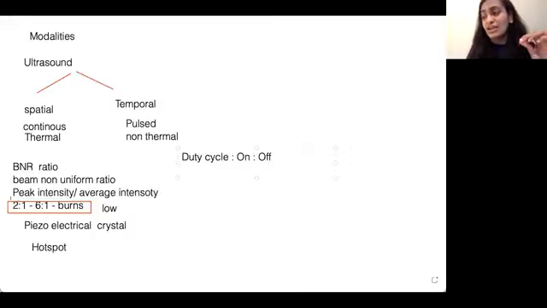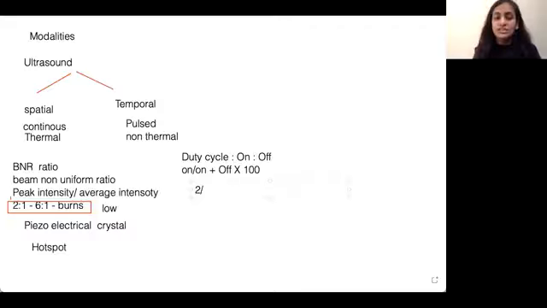Now, how do we calculate the duty cycle in percentage? A duty cycle in percentage is calculated by on divided by on plus off, into 100, because you're converting it into a percentage. So let's assume you have an ultrasound that is 2 seconds on and 8 seconds off.